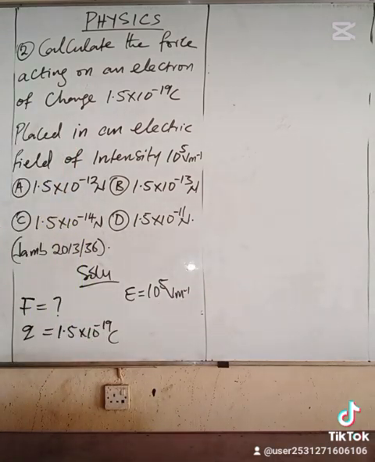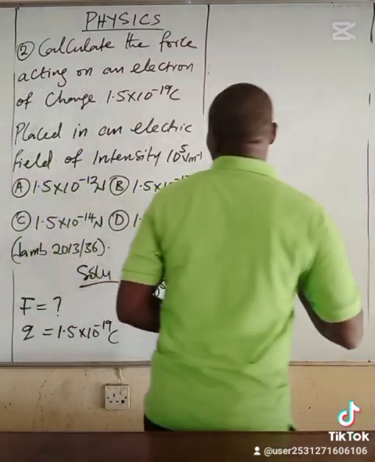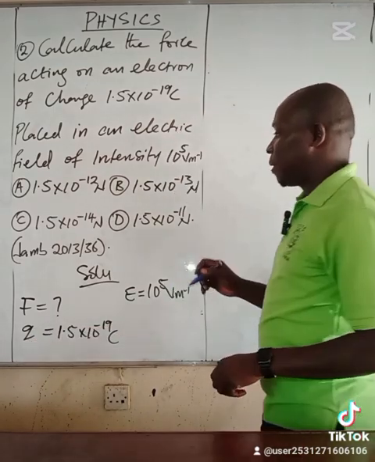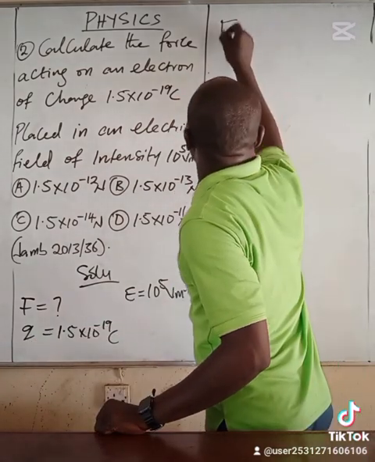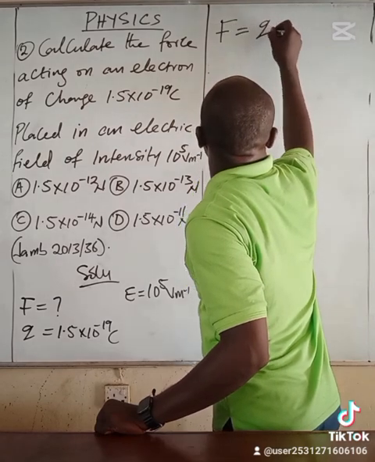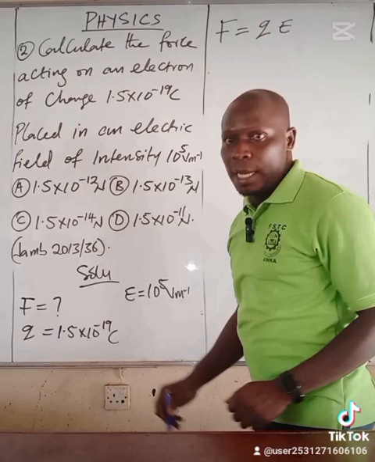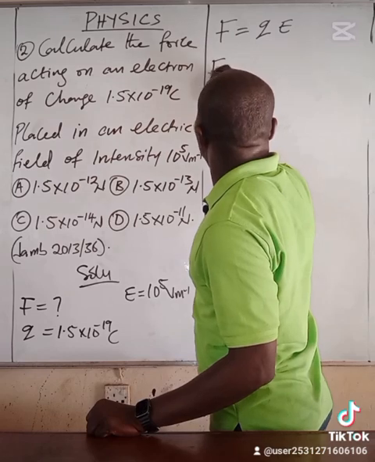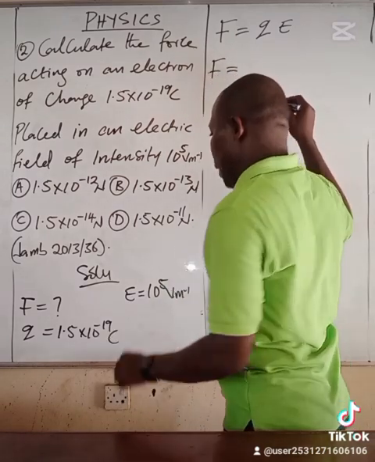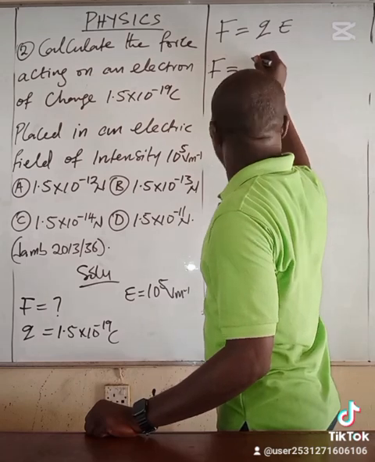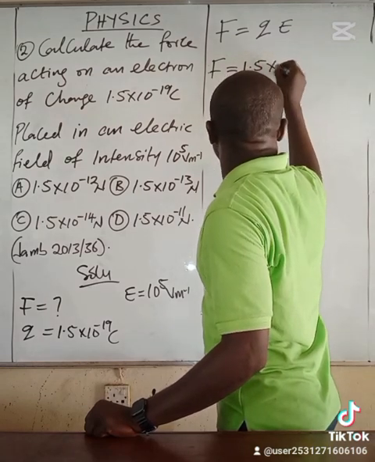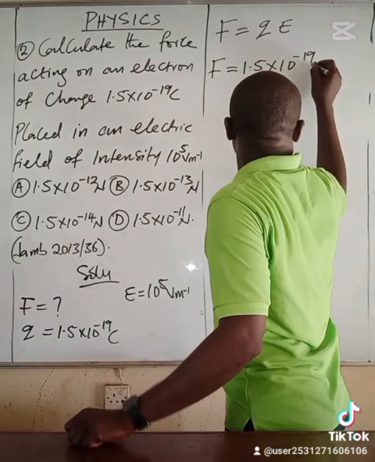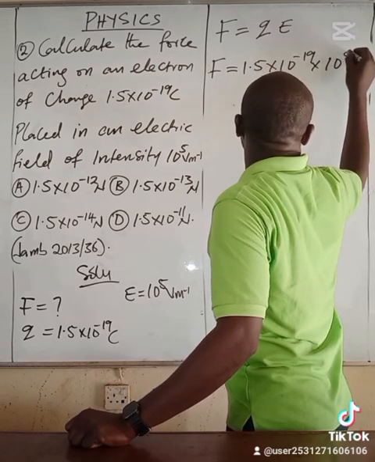Okay, so I will now use our formula. I told you there's a relationship between force, charge, and electric field intensity, and that relationship says that F is equal to QE. Now I will substitute the values so that F becomes equal to our Q, which is 1.5 times 10 raised to the power minus 19, multiplied by our electric field intensity 10 raised to the power 5.